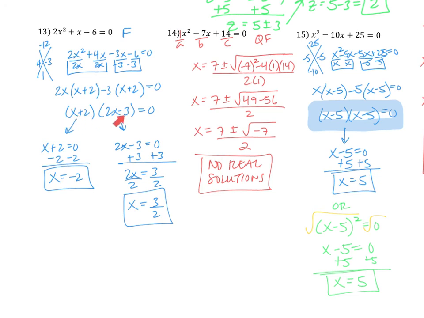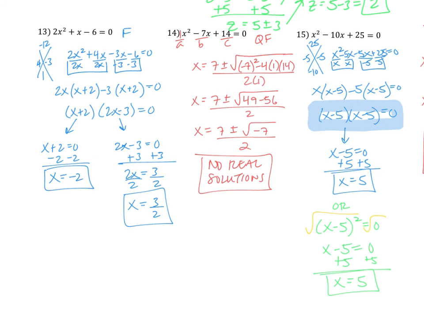When I come up with my binomial here and then use the zero product property, I do get -2 as my whole number, but my second binomial, that expression 2x minus 3, I have to use two steps to solve for x. I first add 3 to both sides and then divide by 2, so that way I get 3/2 as my answer.